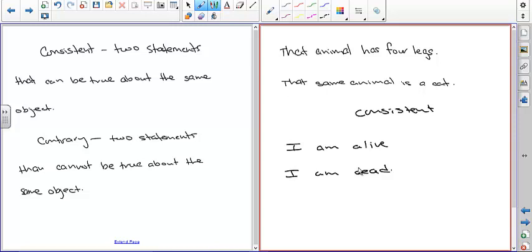Okay, I can't. Anytime you have something and the negation of something, those cannot be consistent. So that's how you answer the question: can the two statements be true at the same time? So this is an example of where if they're not consistent, then they're contrary.